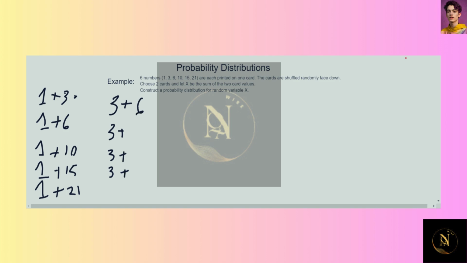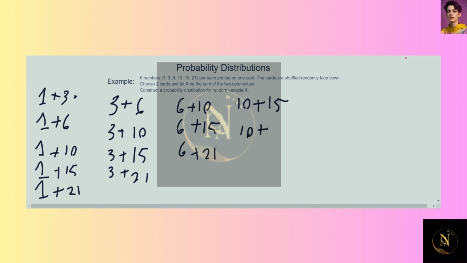So anyway, 3, and then 6, 10, 15, and 21. We just continue this with all of our values until we run out of combinations. 15 plus 21, 10 plus 15, 10 plus 21, and then 15 plus 21.